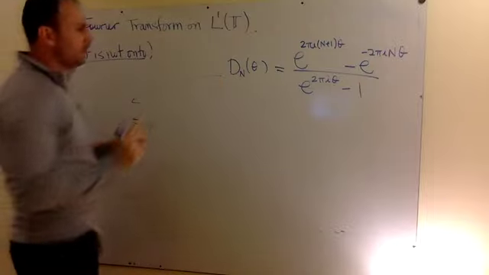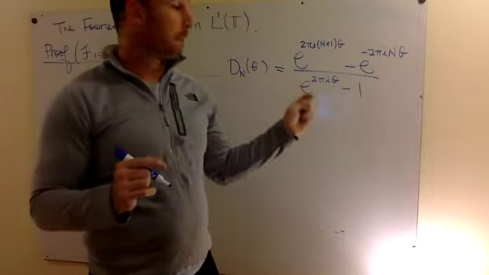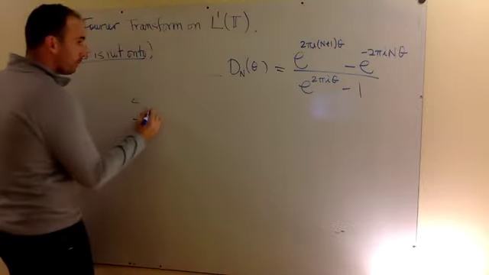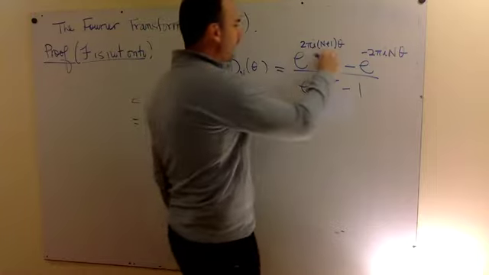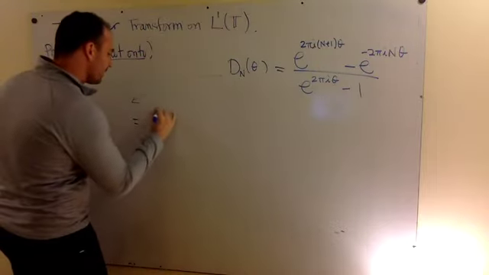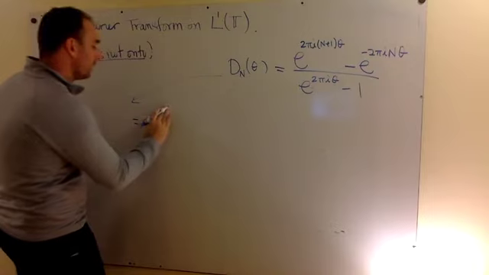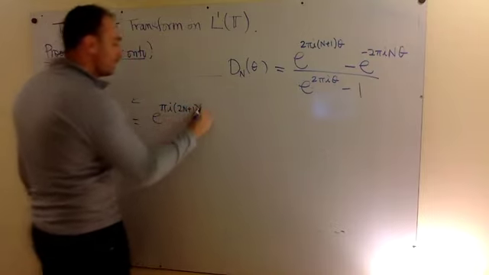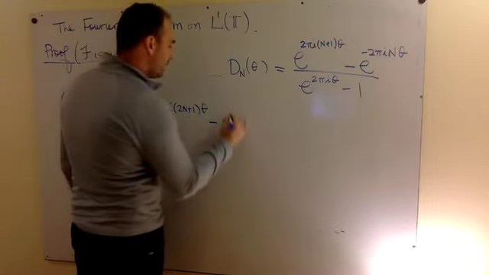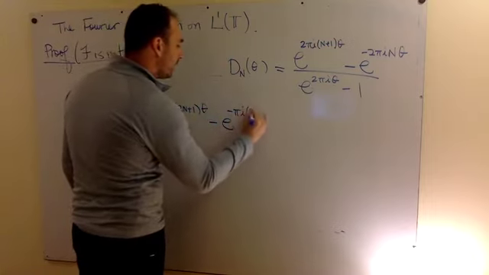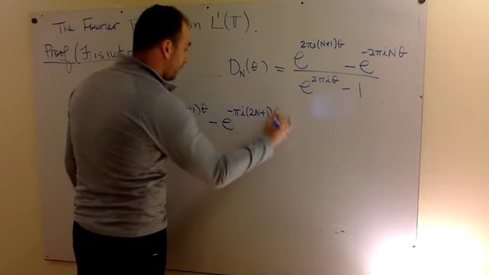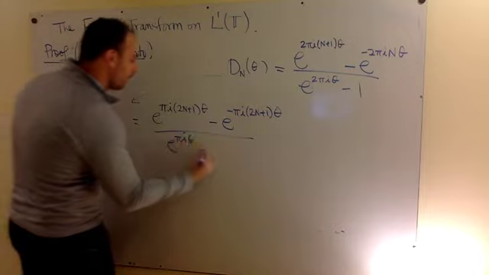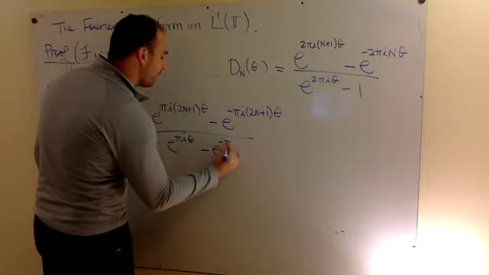Write that down here. I'm going to multiply by an e to the minus pi i theta on numerator and denominator. And what's going to happen is I'm going to get an e to the pi i (2n plus 1) theta and e to the minus pi i (2n plus 1) theta, and e to the pi i theta minus e to the minus pi i theta.